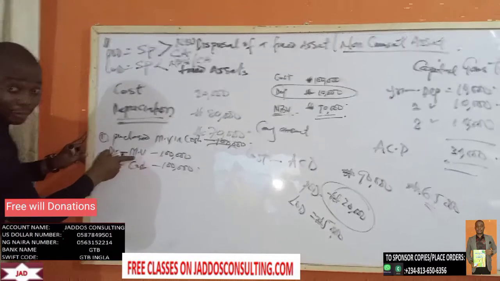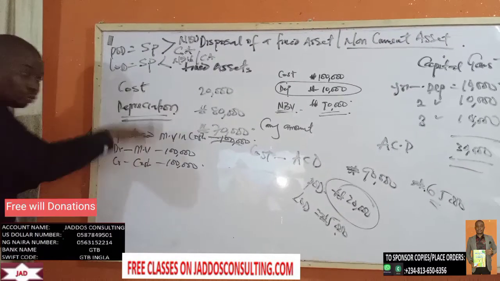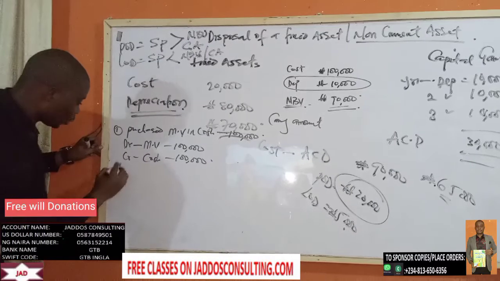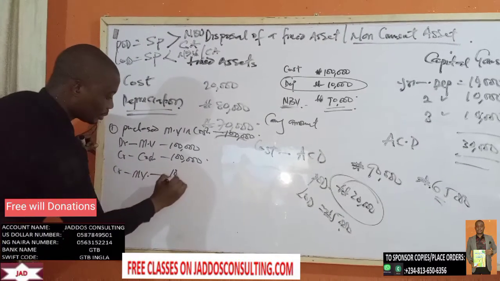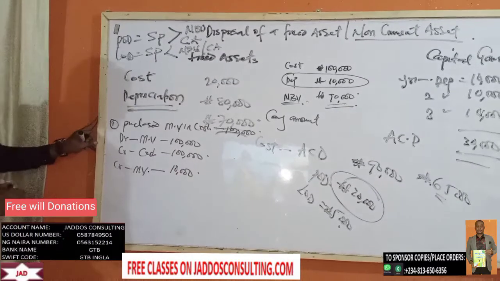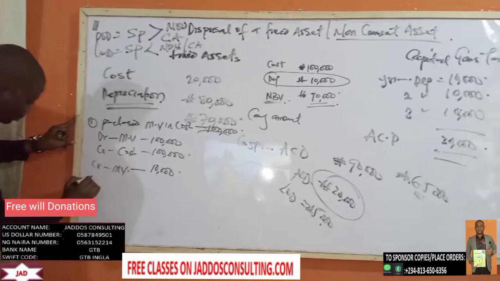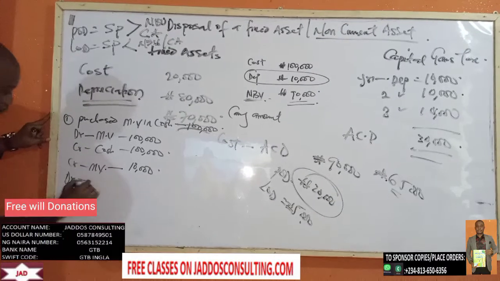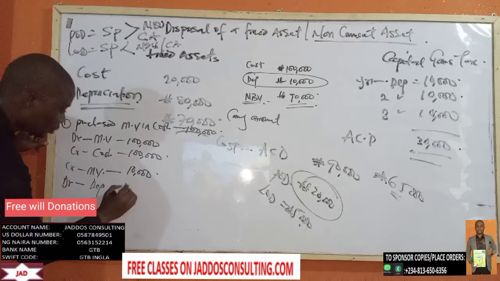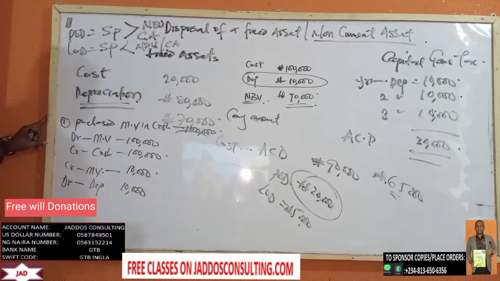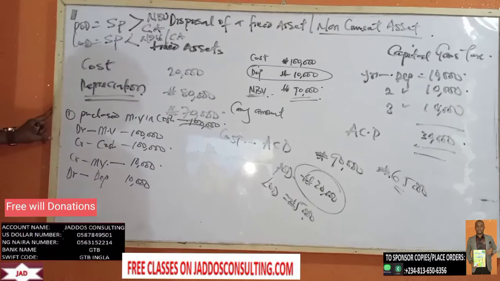This motor vehicle, remember, is an asset, but I want to reduce the value. So we're going to credit motor vehicle with 10,000, and then debit depreciation with 10,000.